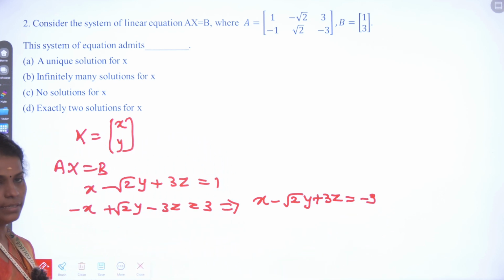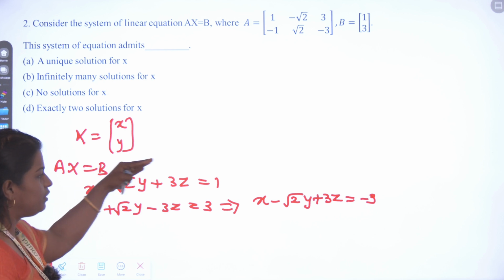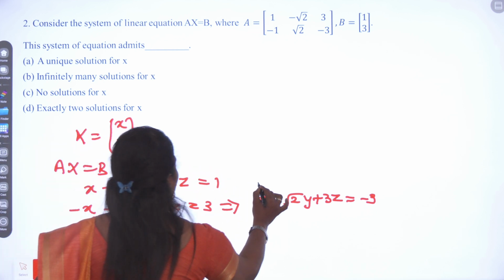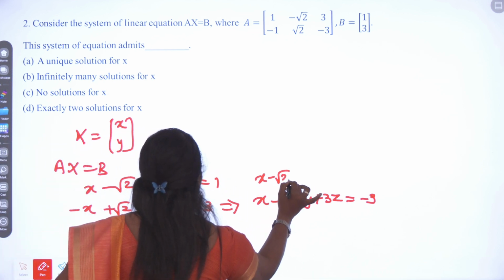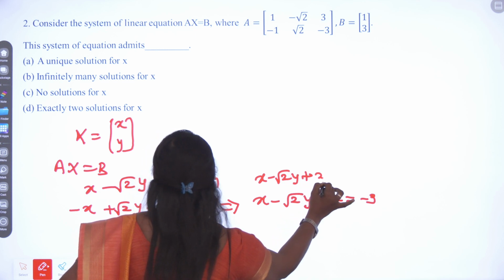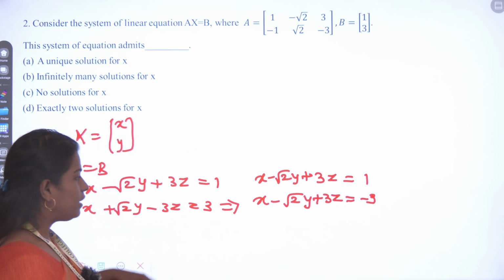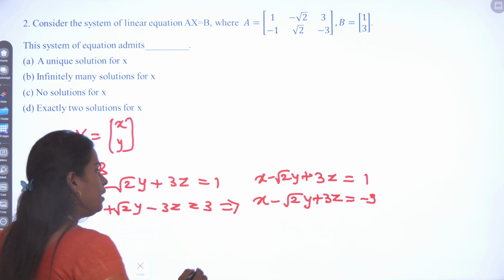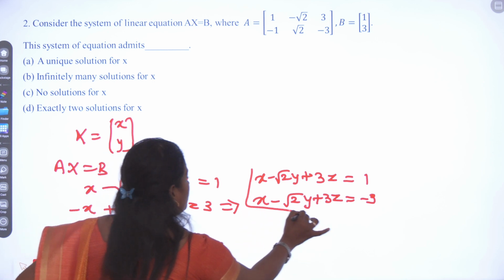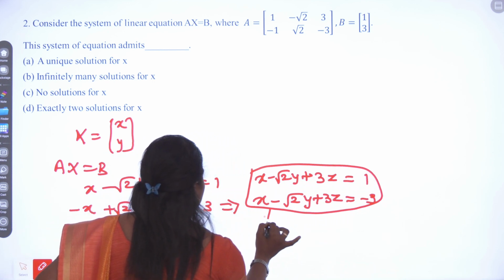Whereas the first equation, as it is, is x minus root 2y plus 3z is equal to 1. When we check these two equations, it is very clear that these two equations are parallel lines.